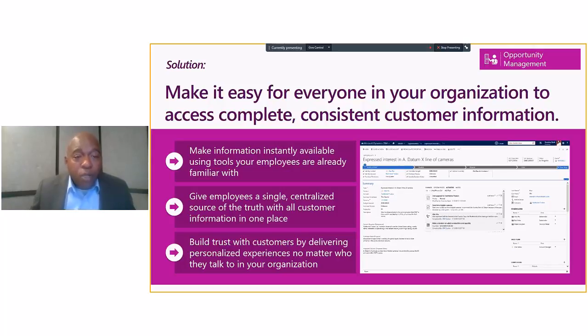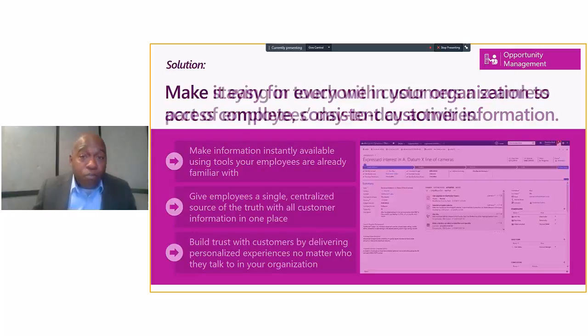And so we want to give employees a single source of truth as to where they can go to find the information. And so that builds trust, as we talked about, with our customers, and it helps us deliver a personalized experience to them, to talk to them based on what their needs are, rather than just making our customers all one general information for everyone. We want to be able to personalize it, and CRM helps us to do that.